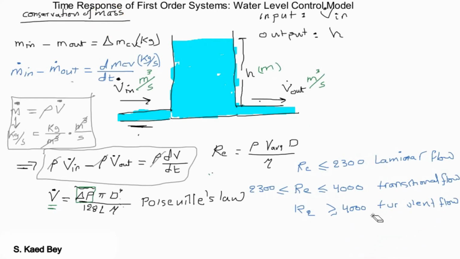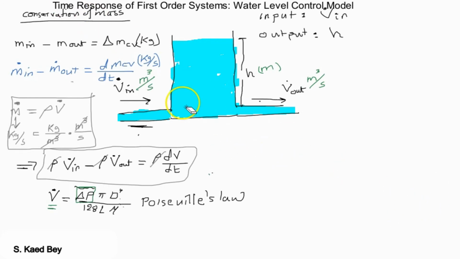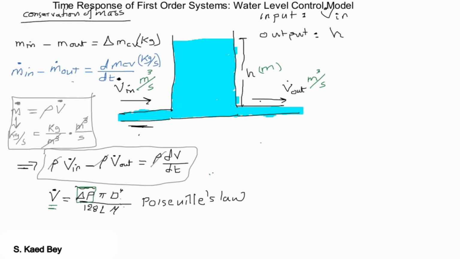As mentioned before, we are assuming here that the flow is laminar throughout, and the pipes are horizontal and circular. Please remember, from fluid mechanics knowledge, the pressure exerted by a liquid can be expressed as rho g h.